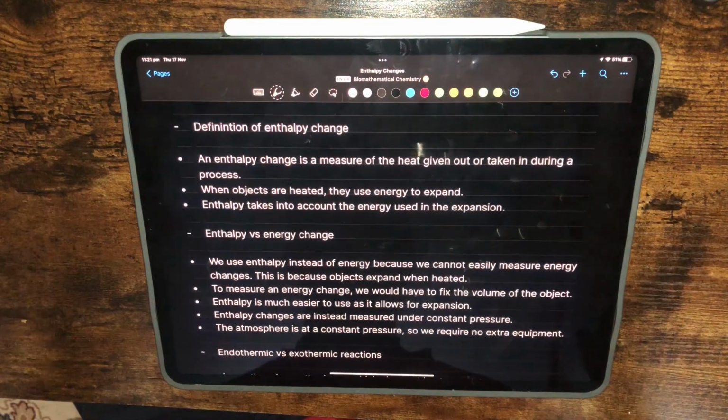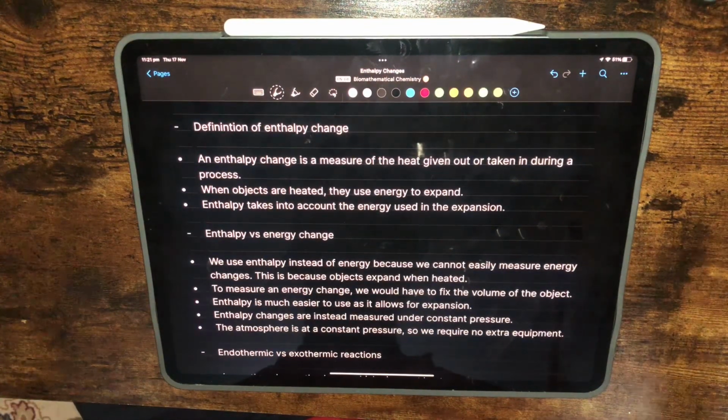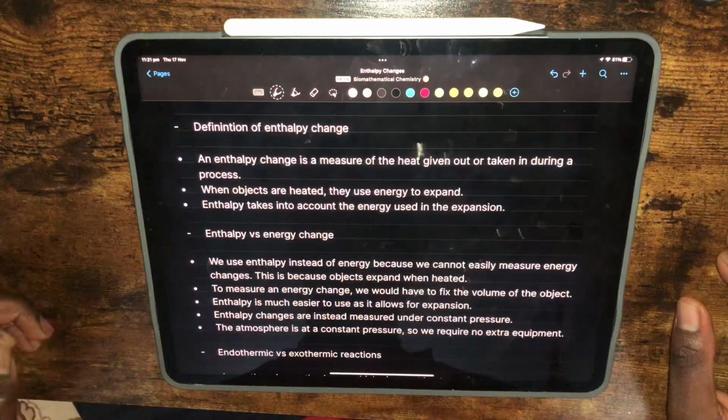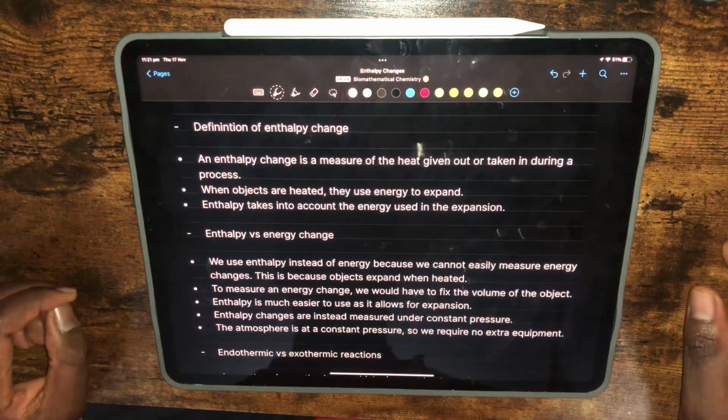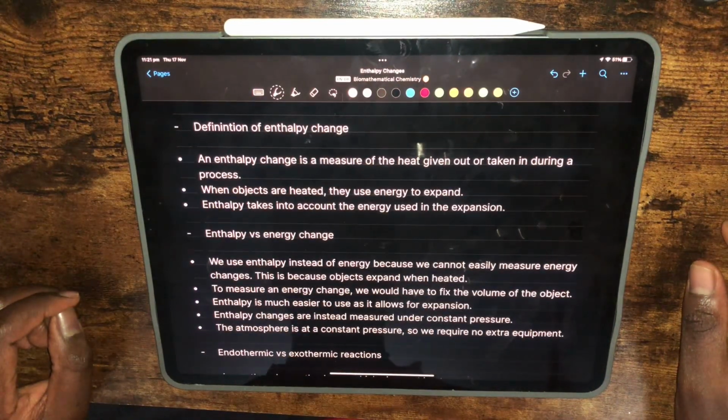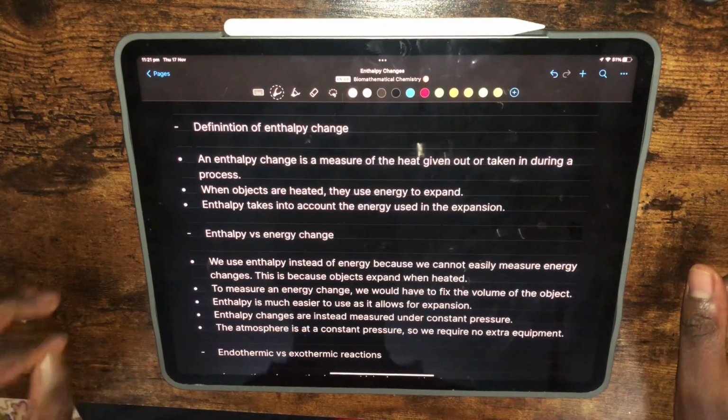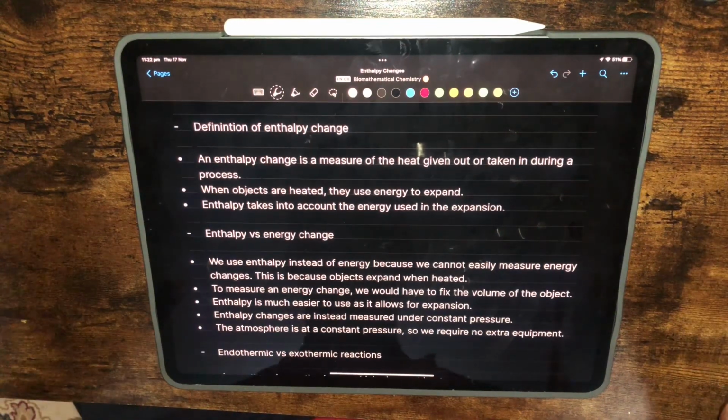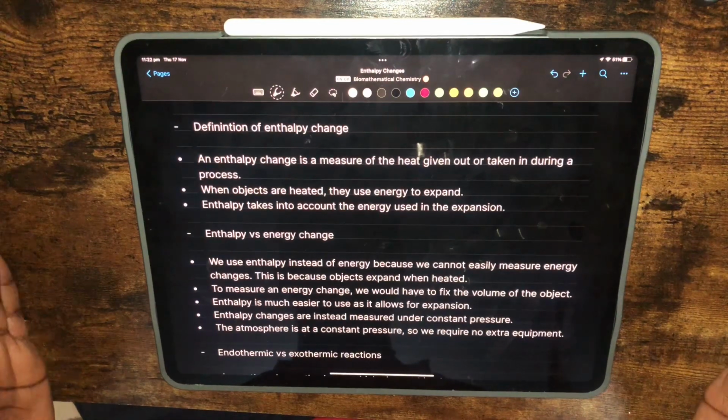Enthalpy change is a measure of the heat given out, or say internal energy given out or taken in during a process, right? When objects are heated, they grow. When objects are heated, they use energy to expand. So enthalpy takes into account the energy used in the expansion.